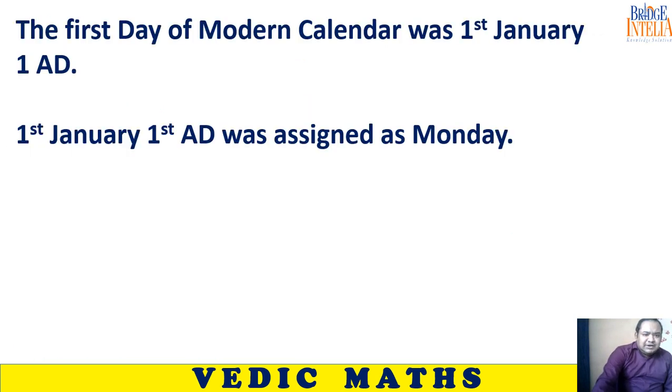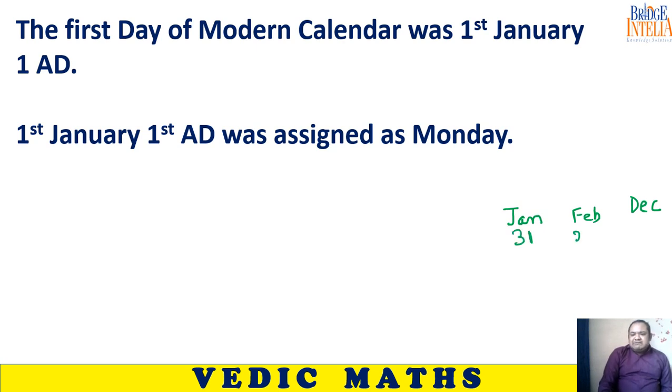Now let's move forward. Now see, the modern calendar that we are using. So modern calendar has got 12 months, January to December. So how many days are there in each month? It is fixed. January has got 31 days.